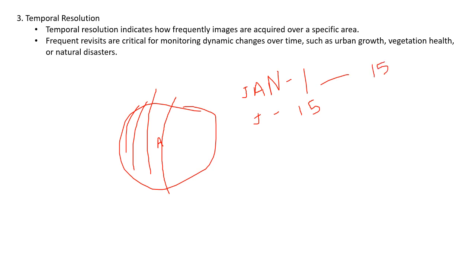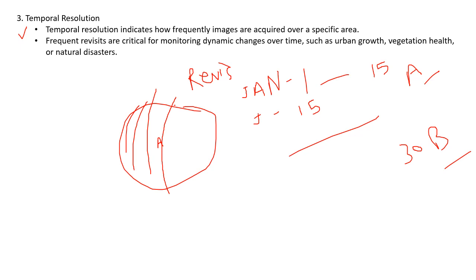Revisit. Here I'm talking about the revisit. Okay, when your satellite will revisit. So this revisiting time is the temporal resolution. If this is 15 days, condition A. Condition B, if revisit time is 30 days, then which resolution is better, A or B?